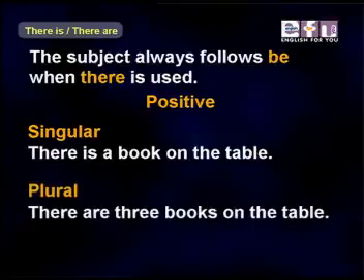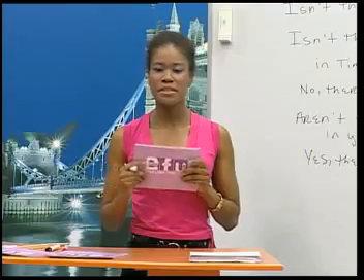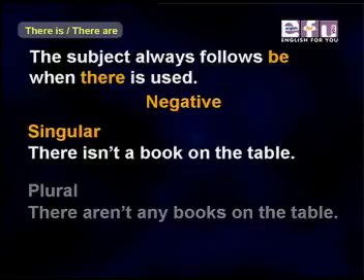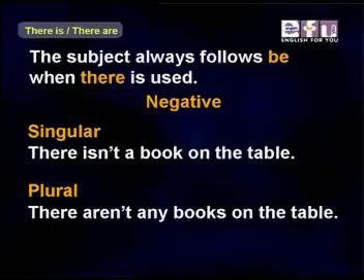Plural. There are 3 books on the table. Here's an example of negative. Negative singular. There isn't a book on the table. Negative plural. There aren't any books on the table.